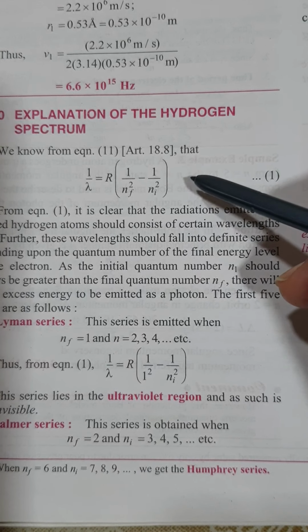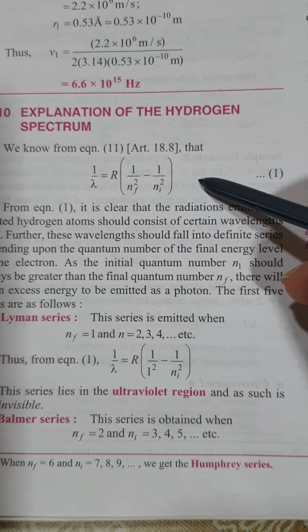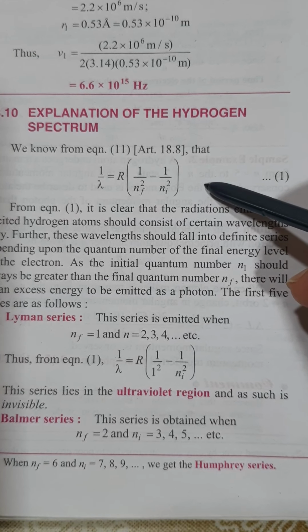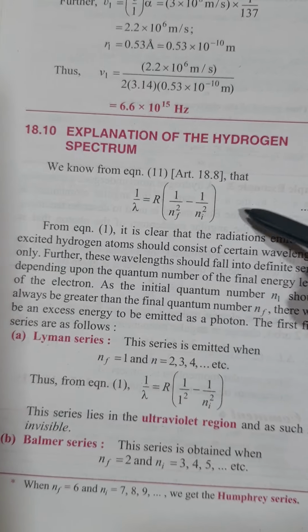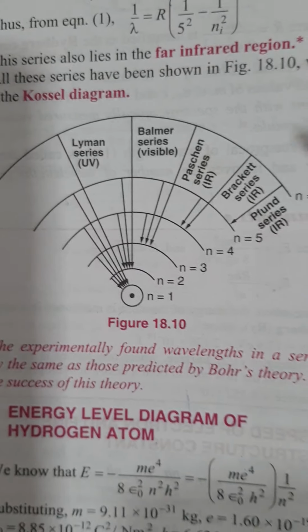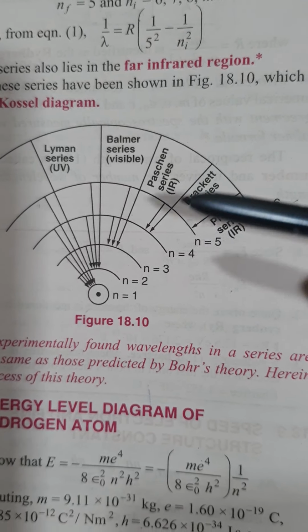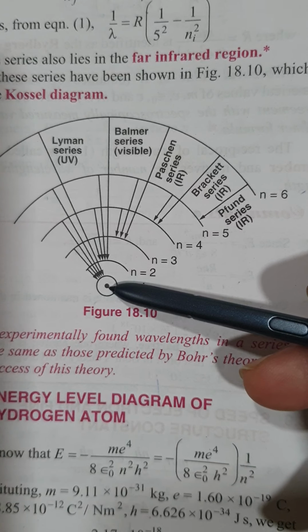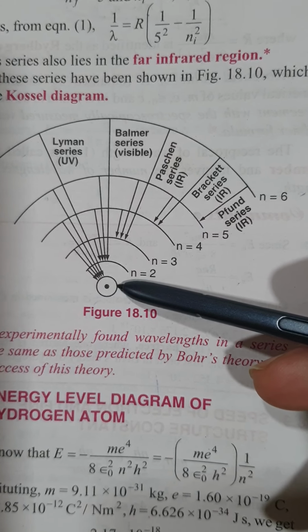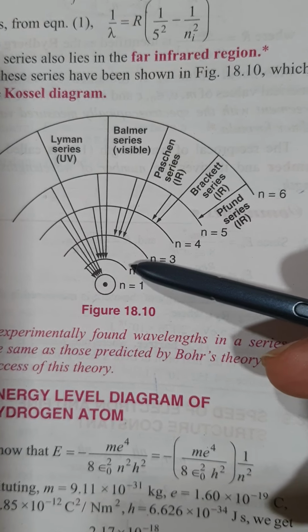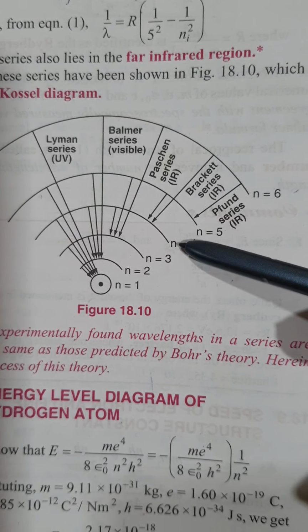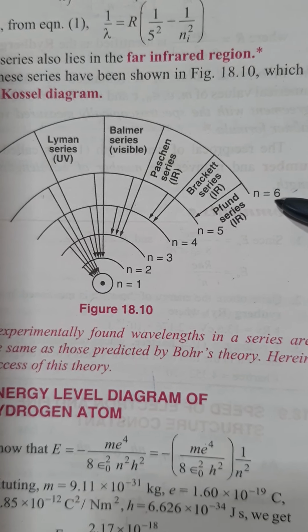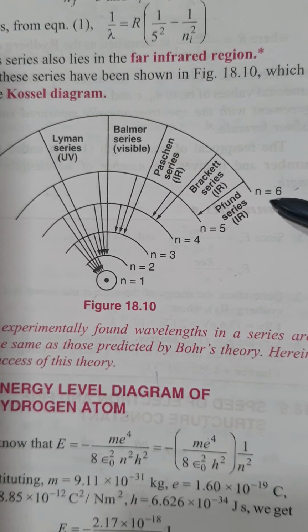So it is the emission spectrum of hydrogen. Observe this diagram carefully. This is the nucleus of an atom. This is the first orbit, second orbit, third orbit, fourth orbit, fifth orbit, sixth orbit, and so on.